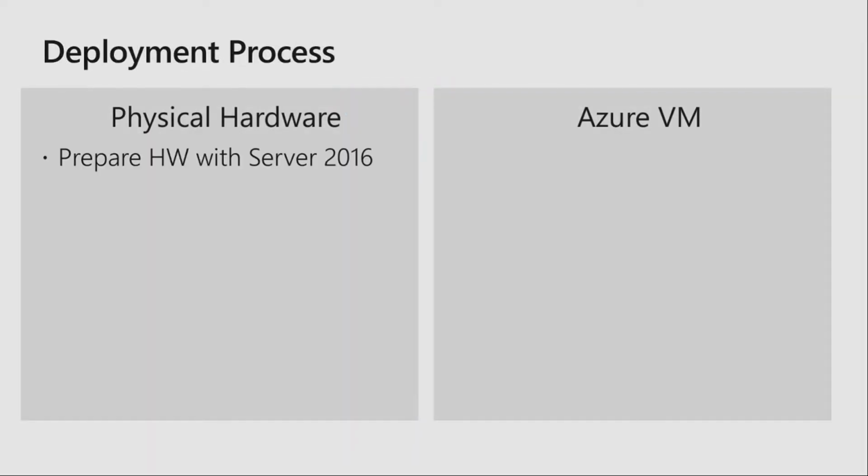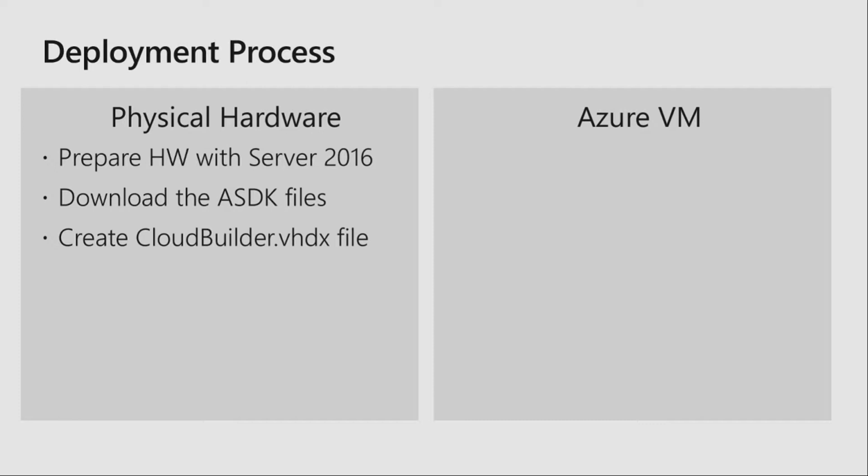So the deployment process for Azure Stack Development Kit on physical hardware, you first have to prep the hardware with Server 2016. You don't have to do much to it because you're actually going to boot from a VHDX file. So you download the ASDK files, which are bin files, and those get turned into a cloudbuilder.vhdx file.